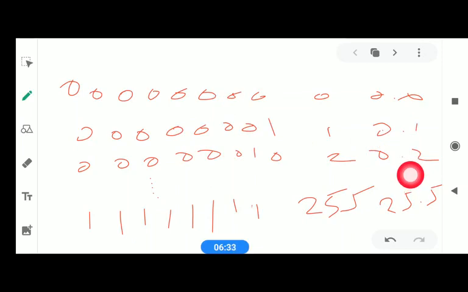In the same way, we give these analog values as input, and we get the digital value as output in an analog to digital converter. If you give 0.1 as your analog input, you should get 00000001 as output.